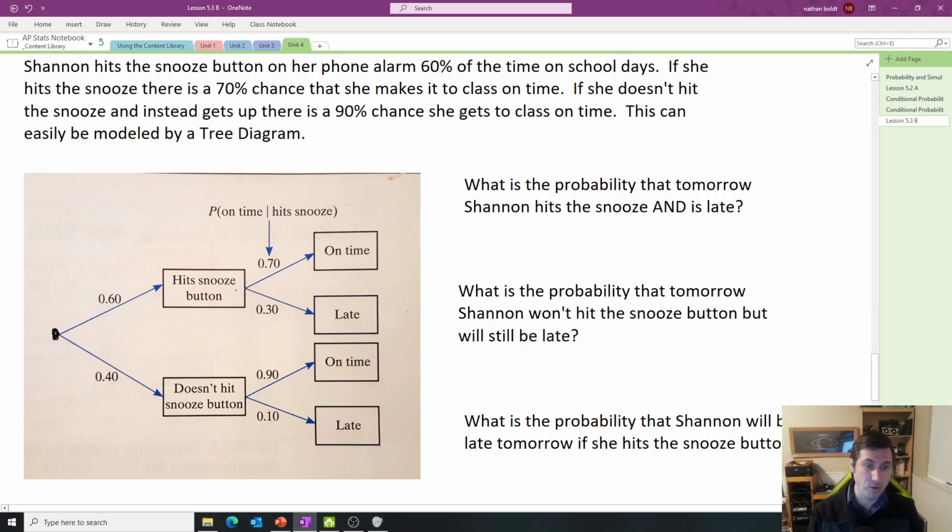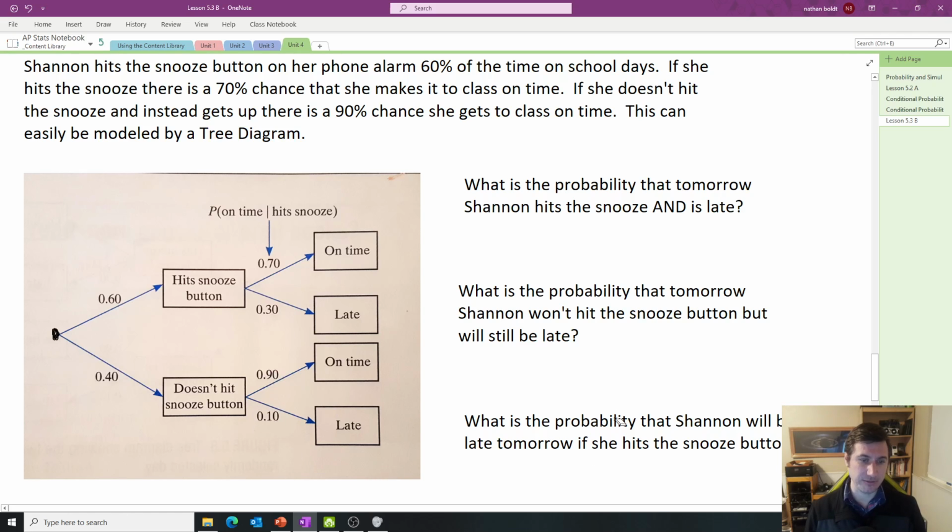Once she hits the snooze button, there's only a 70% chance she'll be on time, which means, the complement, a 30% chance she will be late. And then the same thing on the other one. If she doesn't hit the snooze button, she gets up on time, there's a 90% chance she'll be on time. But if there's a 90% chance she'll be on time, there is a 10% chance she will be late. The complement again.